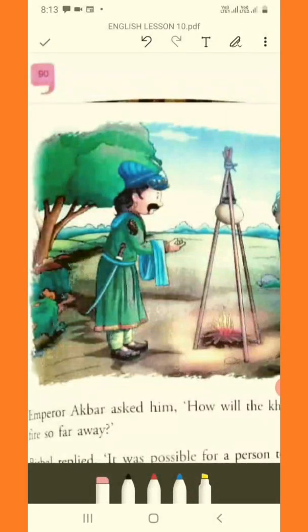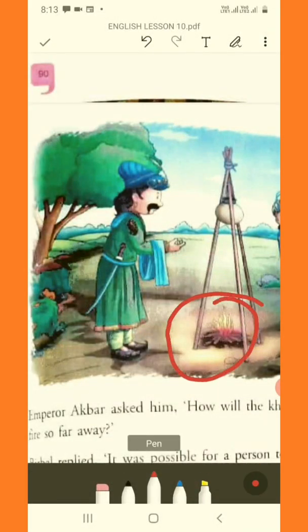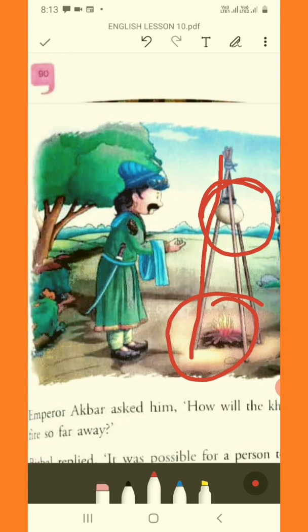He lit a fire here. See, a small fire, not a broad flame, and then he fixed this pot, with rice and all those things, high above. It should be very high, higher than this. Clear? With the hope that his khichdi would be cooked.